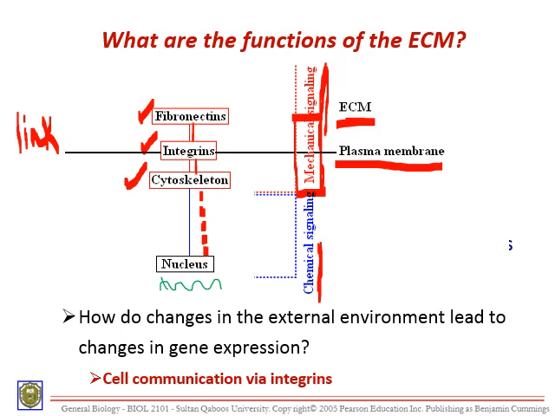So this is our double helix, and it will affect gene expression, and this is how changes in the external environment are going to lead to changes in gene expression. It's all because of this link between the outside and the inside. Okay, so we have the cellular communication. All right.